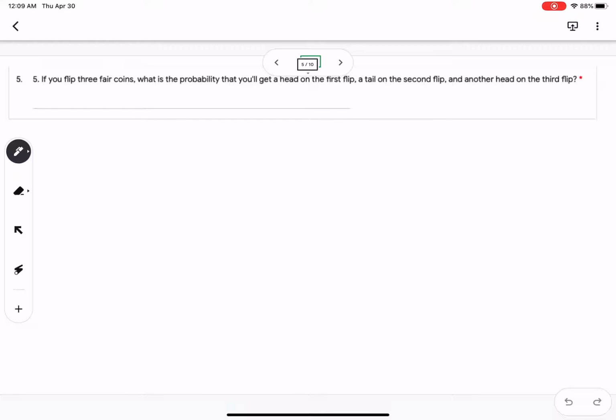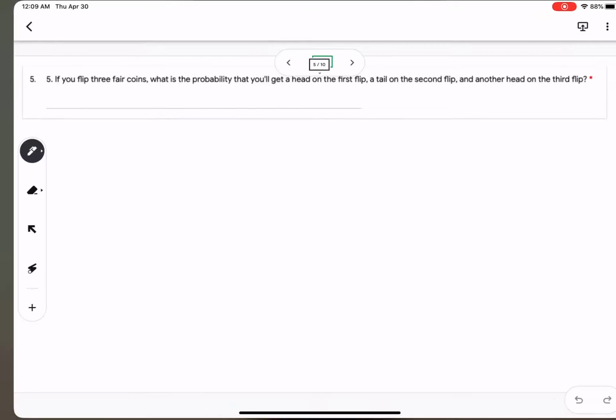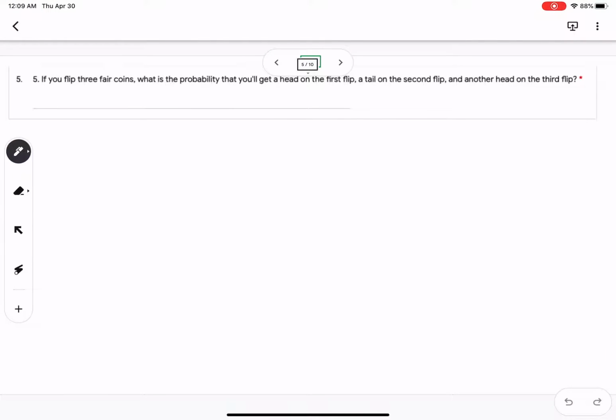Okay, so let's just start at the basic. We could do all 3 flips and get all heads, right? Or we could get all tails. We could get 2 heads and a tail, right? And there are a lot of different ways that we could get 2 heads and a tail.